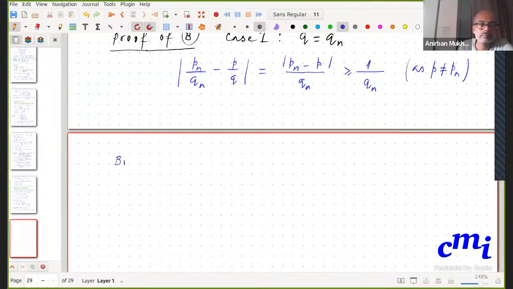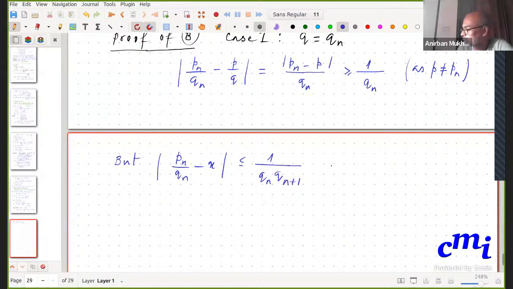Now let's look at the difference Pn by Qn minus x. This is less than or equal to 1 over Qn plus 1, that we already know. So we have proved it already. Which is less than 1 by 2Qn, because Qn plus 1 is certainly bigger than 2.